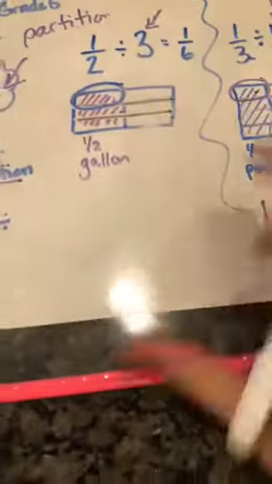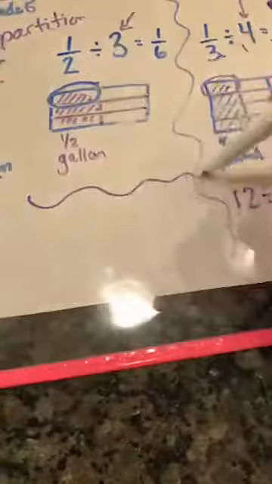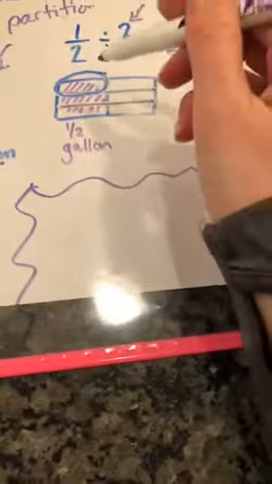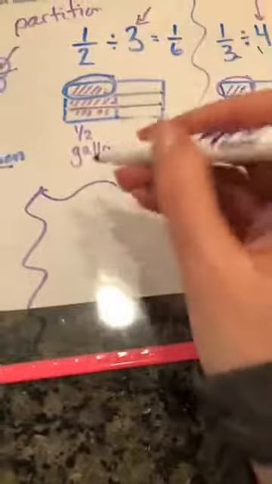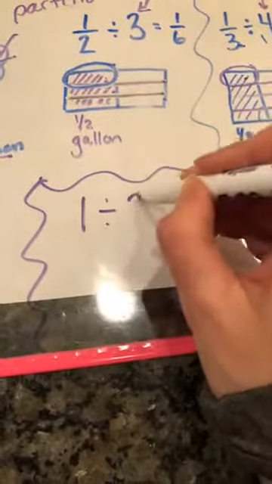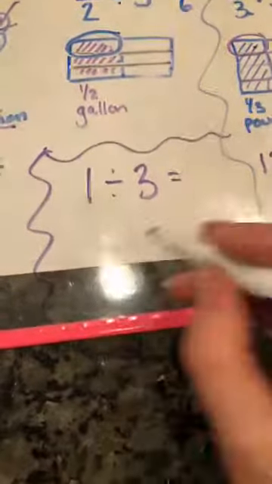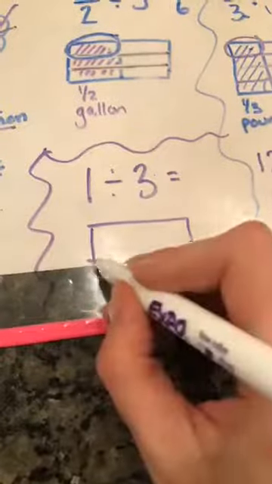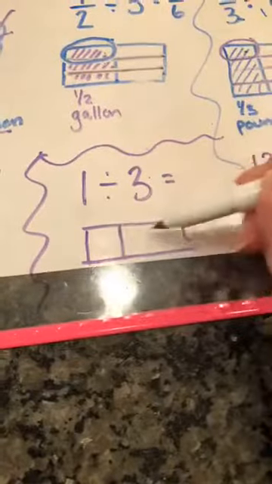Okay. Now I want to break this down into kind of fun facts. Division of fractions is exactly what fractions are all about. So if I did have 1 gallon of ice cream and I shared it among 3 friends, let's try that out. 1 gallon of ice cream, shared among 3 friends.